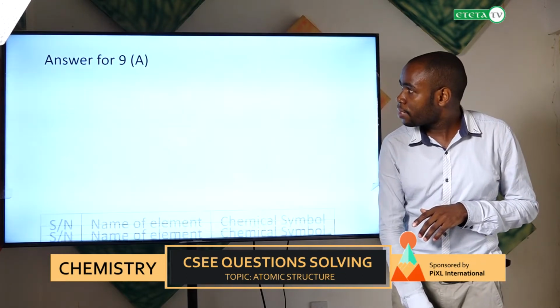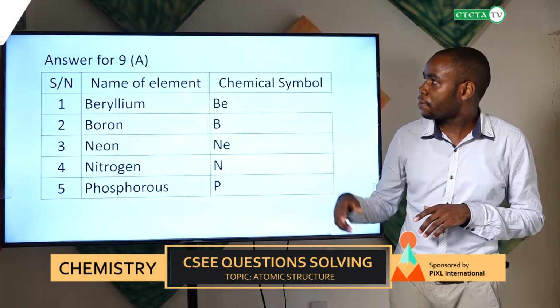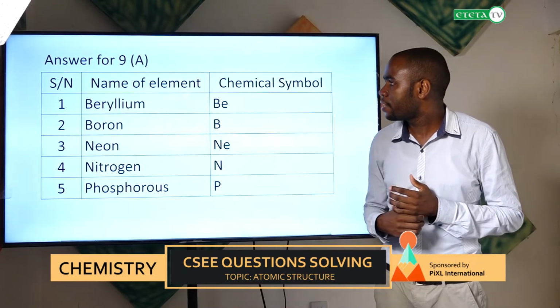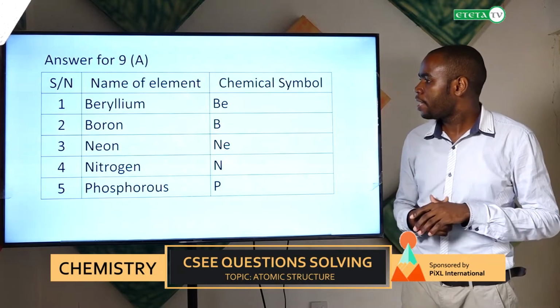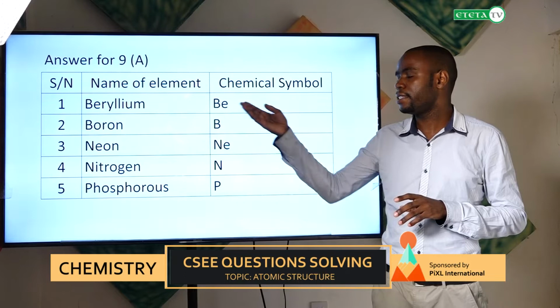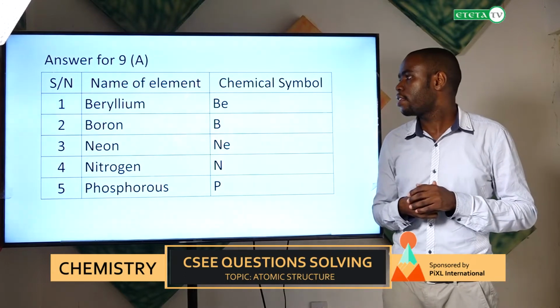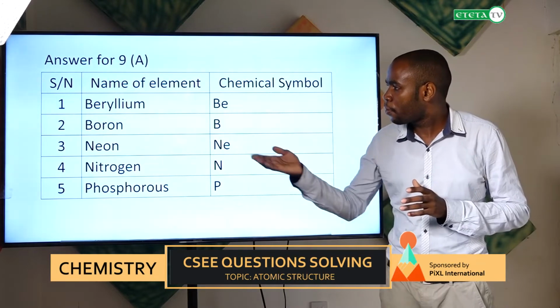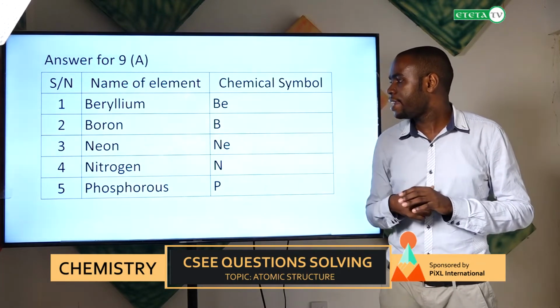Okay, let's start with question number 9A. Here, you have been given beryllium, boron, neon, nitrogen, and phosphorus. The symbol of beryllium is Be. The symbol for boron is B. The symbol for neon is Ne.